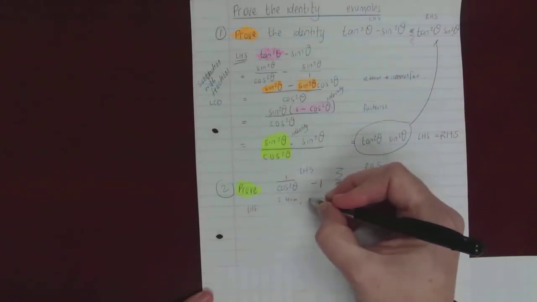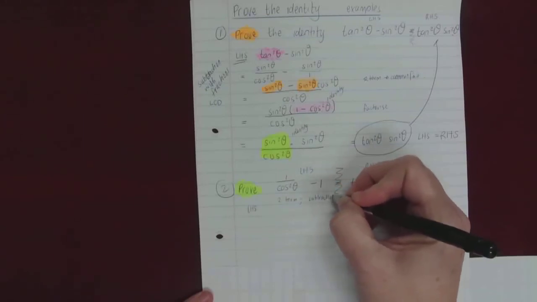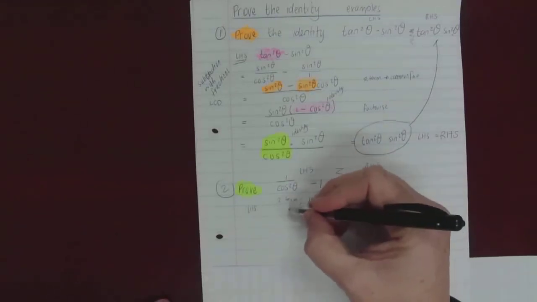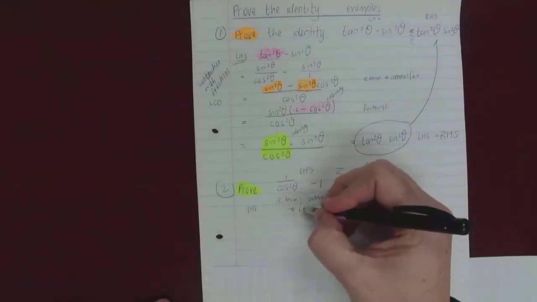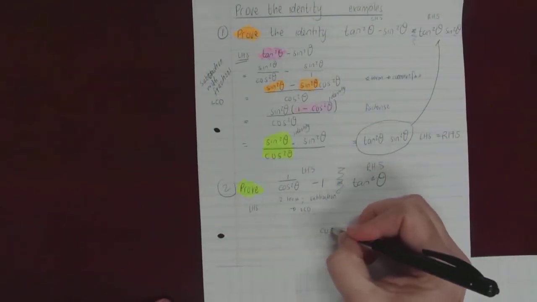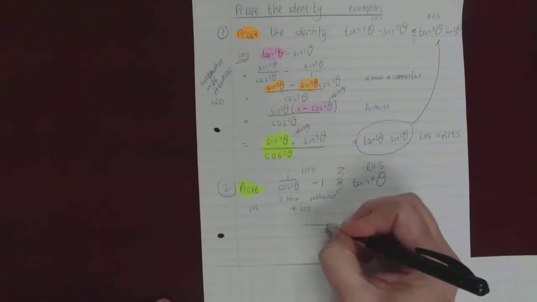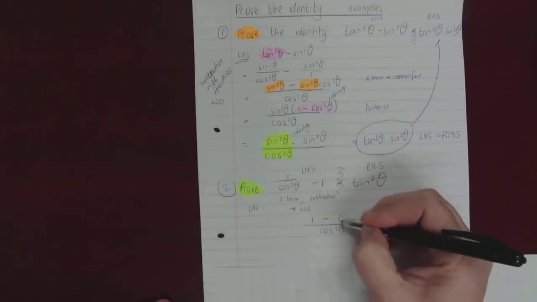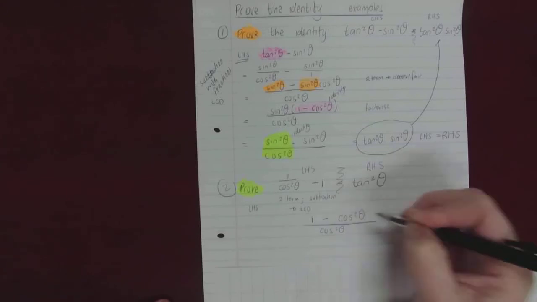I notice that it is subtraction with fractions. And what does that lead to? That means I need an LCD. So when I get an LCD, I will have cos squared theta. That's going to be times by 1, and that's going to be times cos squared theta.